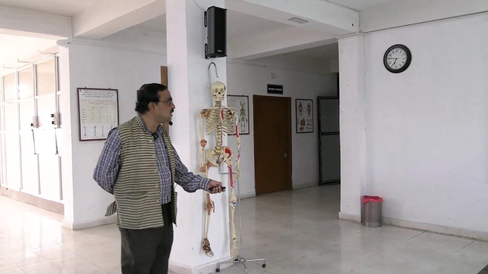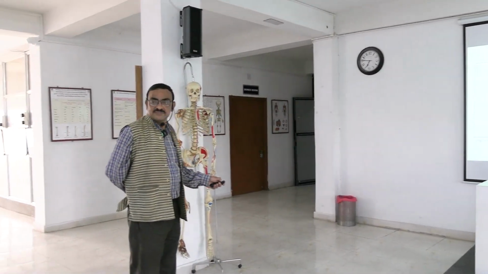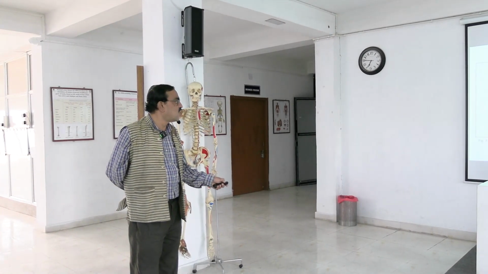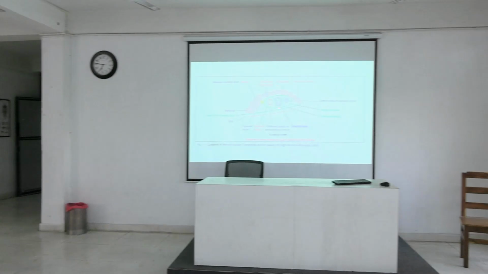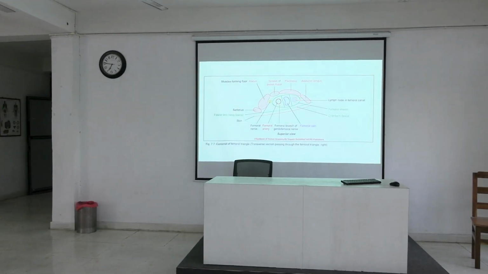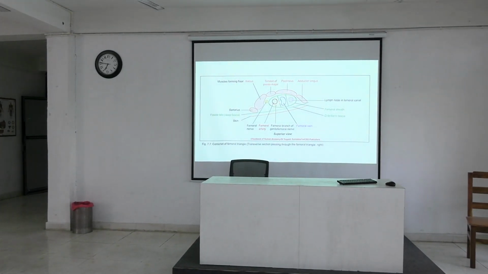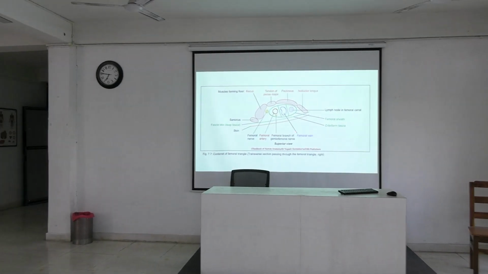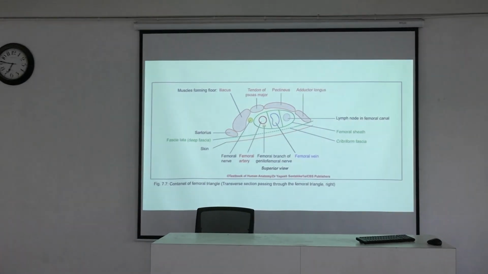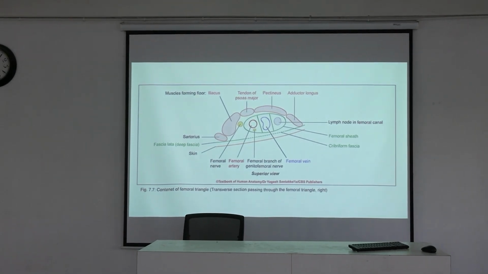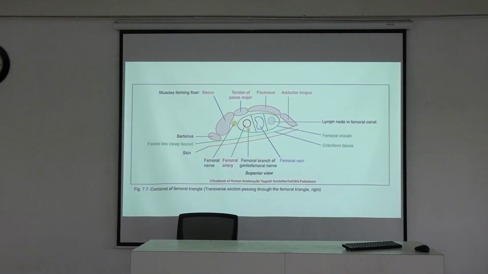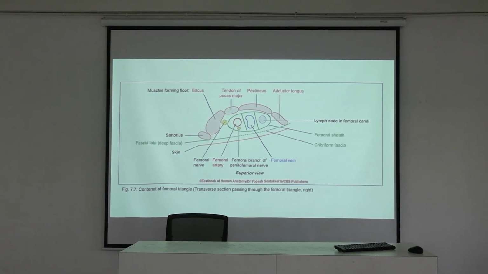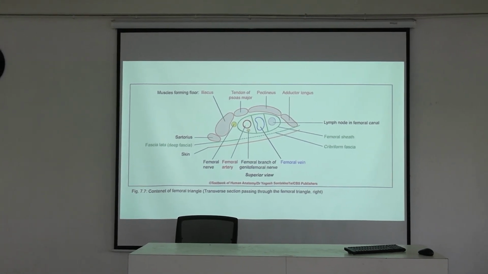The lateral compartment has the artery, so it is called the arterial compartment. The intermediate compartment has the vein, so it is called the venous compartment. And this is the lymphatic compartment, which is nothing but the femoral canal, from where we can enter into the abdomen, which contains the lymph node of the Cloquet group of the deep inguinal lymph nodes, called the lymph node of Cloquet.